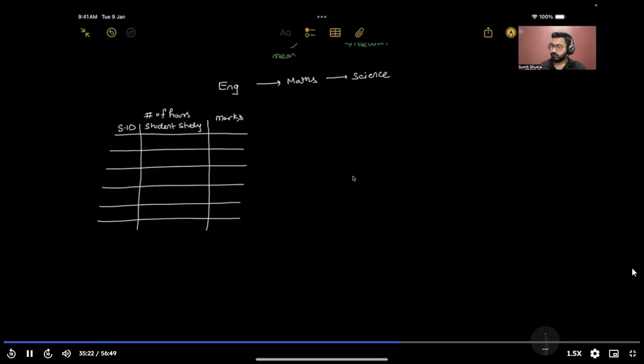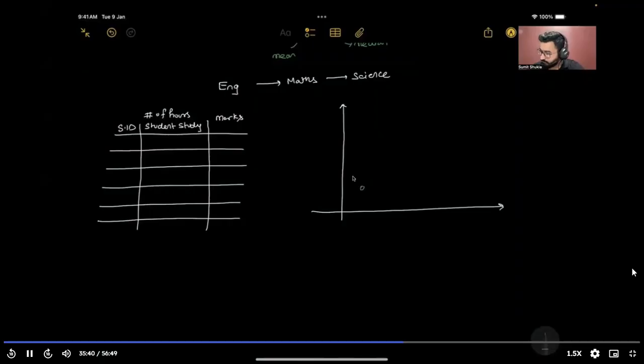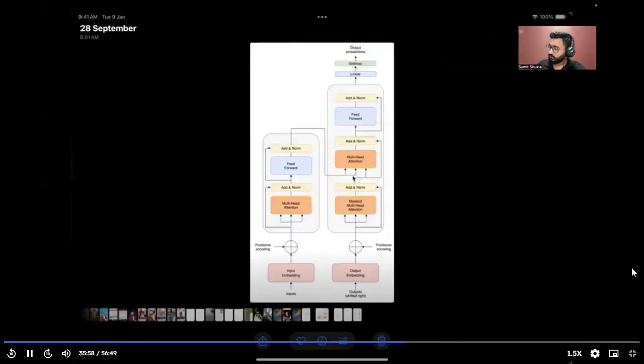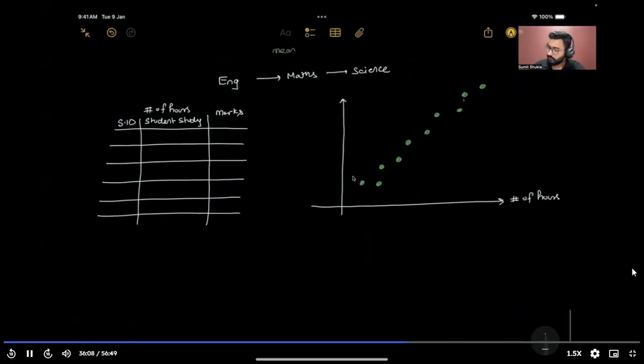Now, how can we do this? Let's try to solve this problem visually first. If I plot this data, let's say we have the data points scattered like this. So let's say these are my data points. Now, let's say this x-axis is number of hours and this y-axis is your marks.